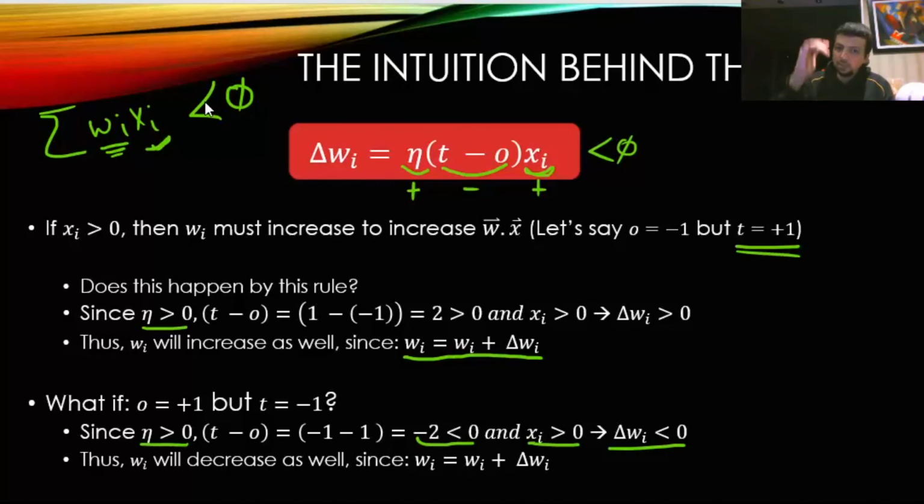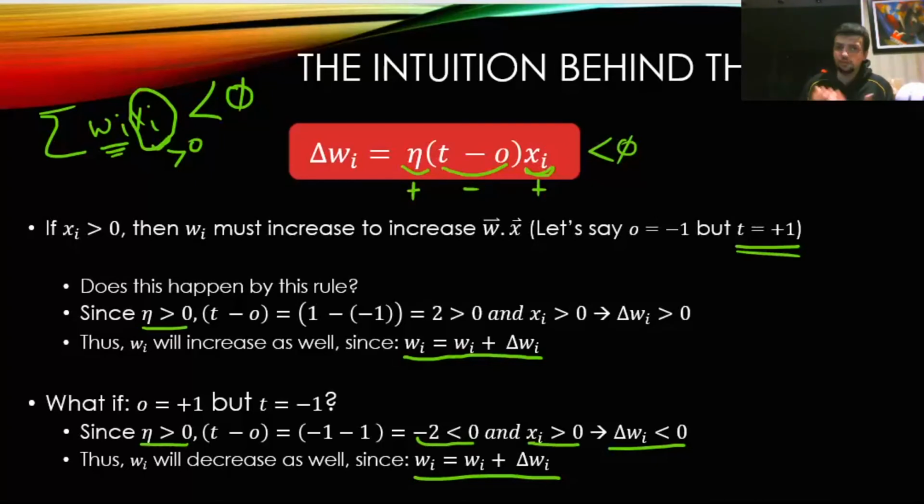And if all of these x's are positive, in order to decrease Wixi, you need to decrease every one of those Wi's. And because delta Wi is negative, in our update rule we say that Wi equals Wi plus delta Wi.